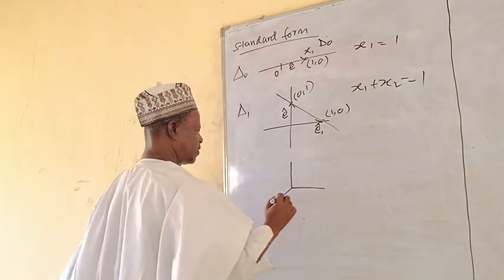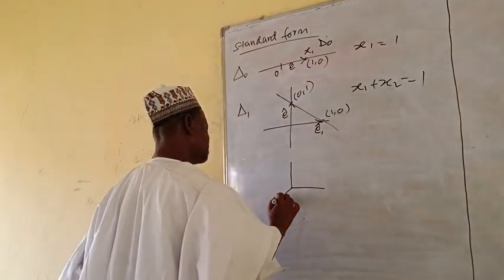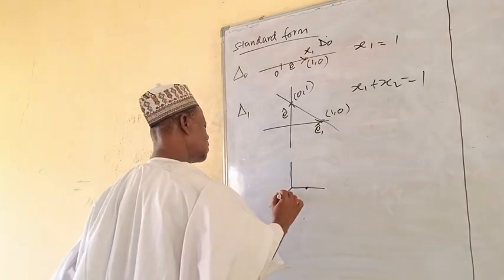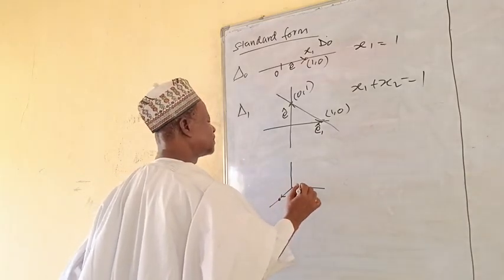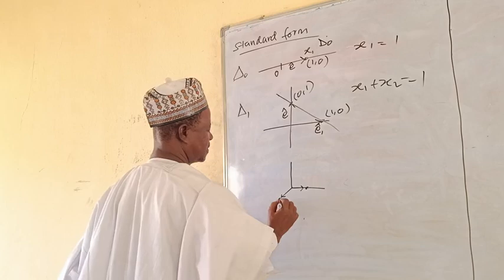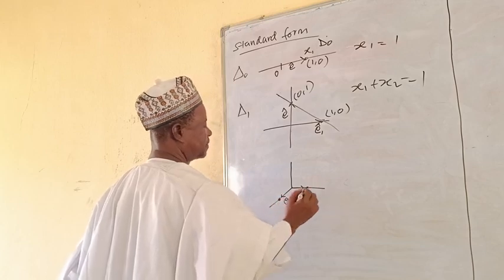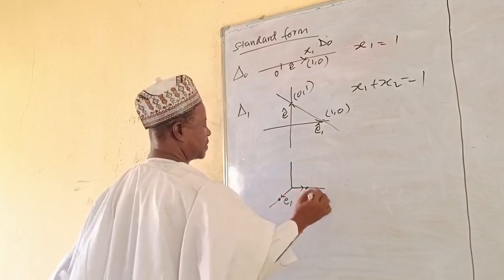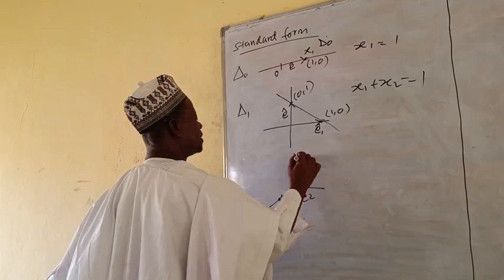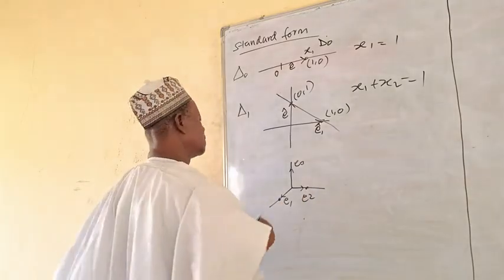Now in delta 2, you talk of three-dimensional space. So you have unit vectors again. Suppose this is my E1, this is my E2, and this is my E3.